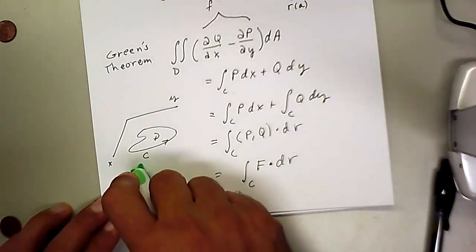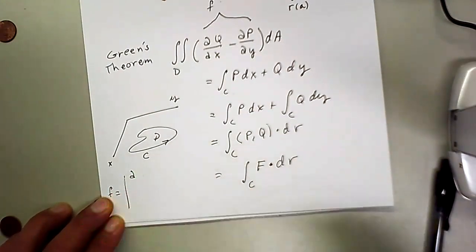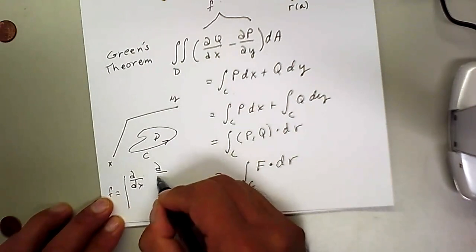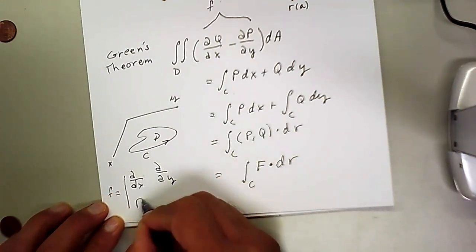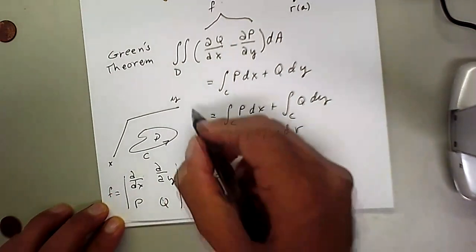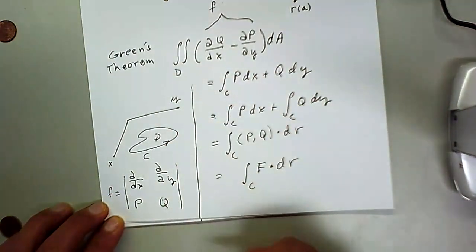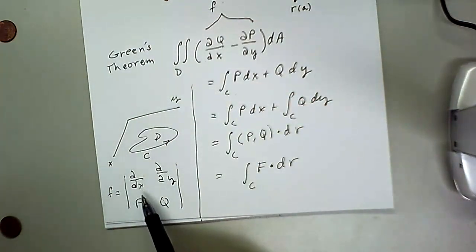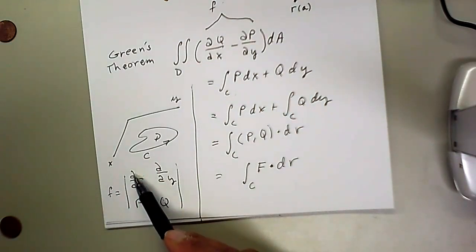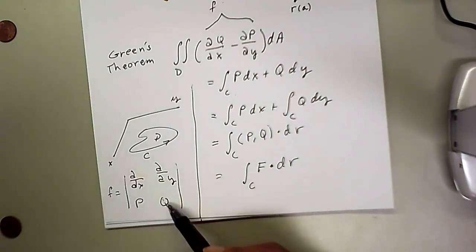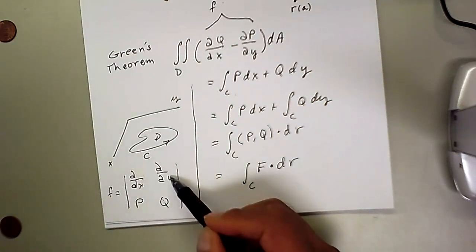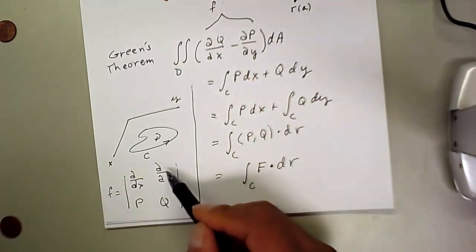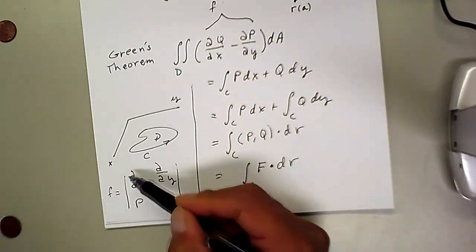I want to erase this. There. So operator with respect to X, partial operator with respect to Y, and then just P and Q. This is not part of the equation. I'm just showing you how I remember this part. So we apply the partial with respect to x to q on the determinant, and then we subtract the partial with respect to y on p. So multiplying those two is not really multiplying, it is applying this operator on p and applying this operator on q.